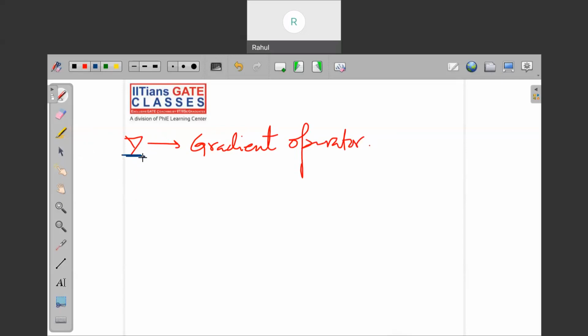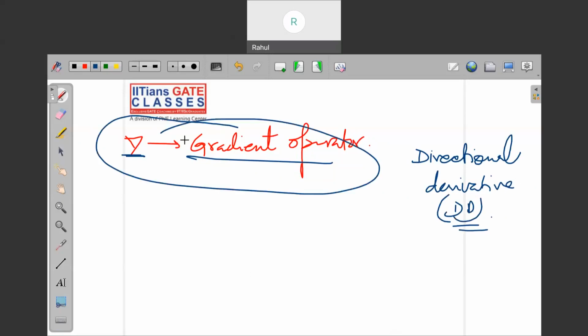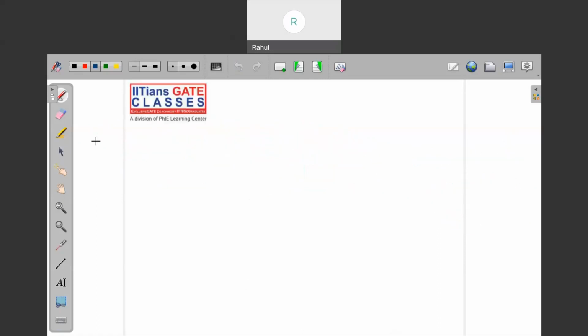From the gradient we will also talk about the directional derivative, DD in short. We'll try to understand the concept of directional derivative. So let's talk about the gradient operator.